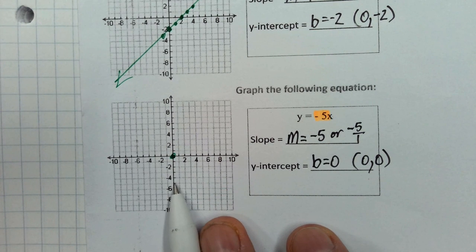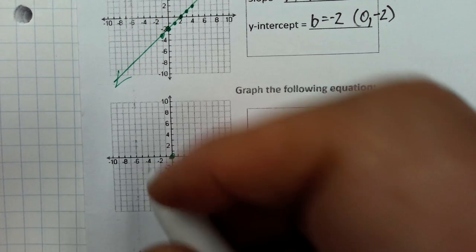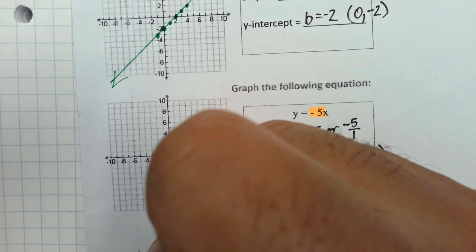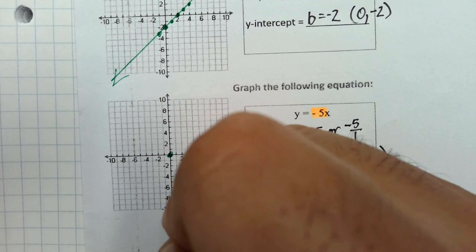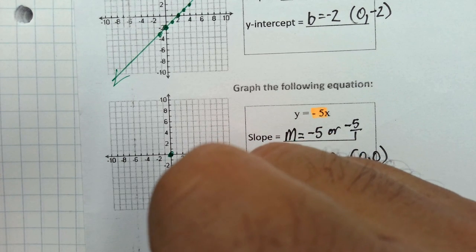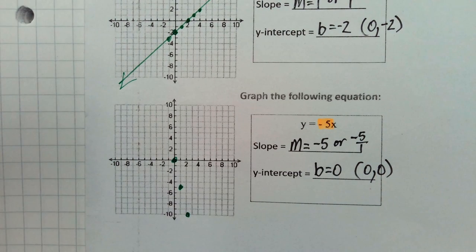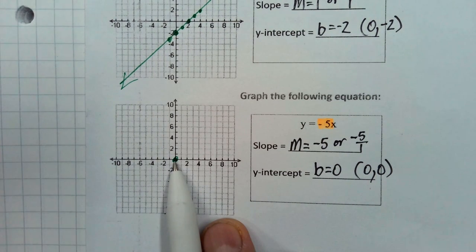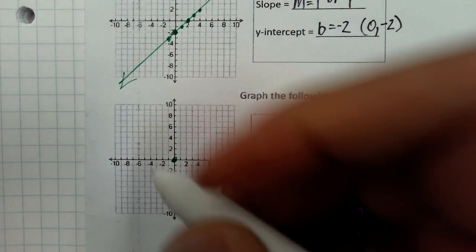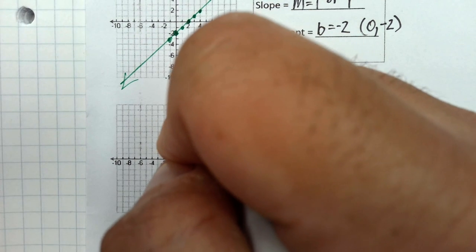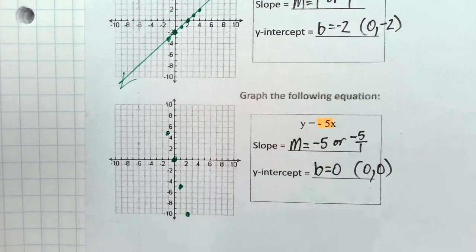That's our starting point. And then what are we going to do to find another point? Down 5 and over 1. It's -5 over 1. So down 5 over 1. And we can do that again. Down 5 over 1. Here's the third point. If you're feeling fancy, you can go back up to the top and do the opposite of down and to the right, up and to the left. Up 5 and over 1 this way.